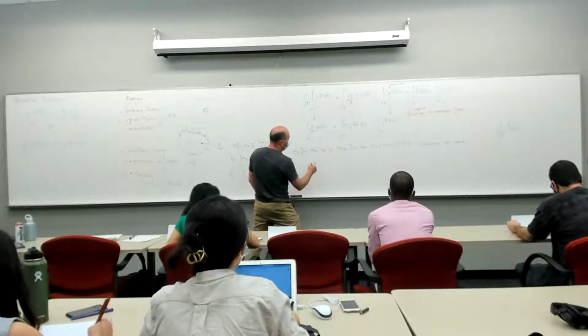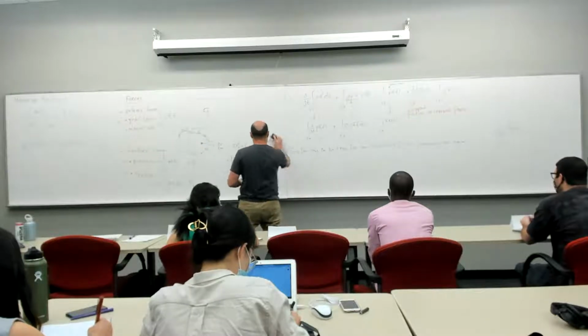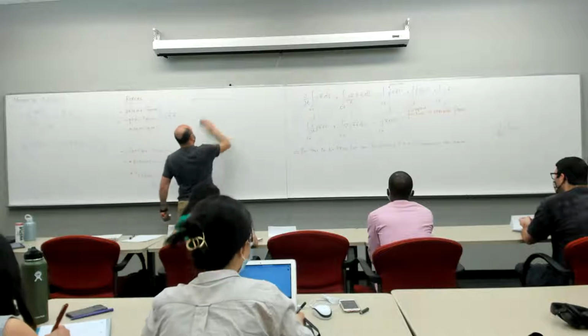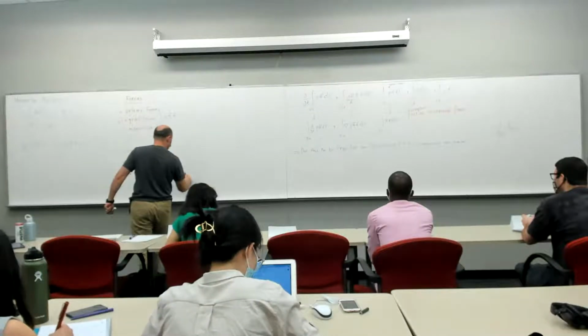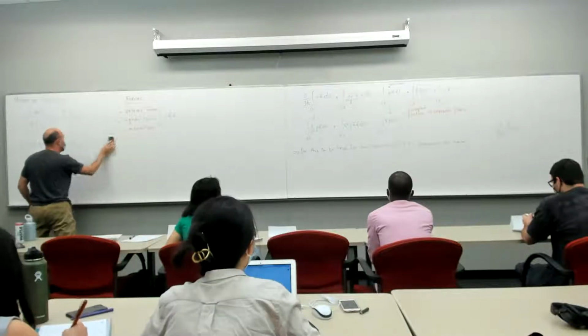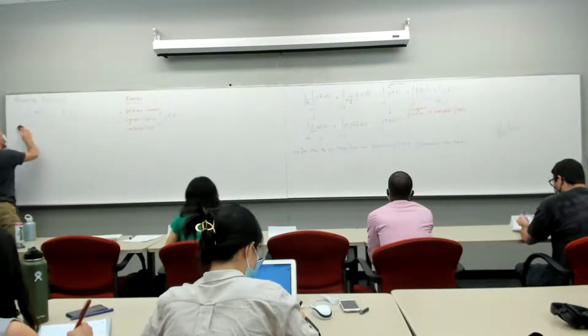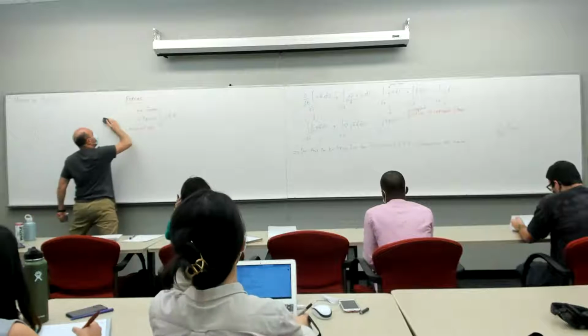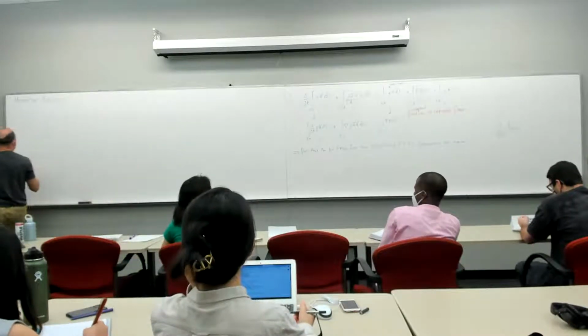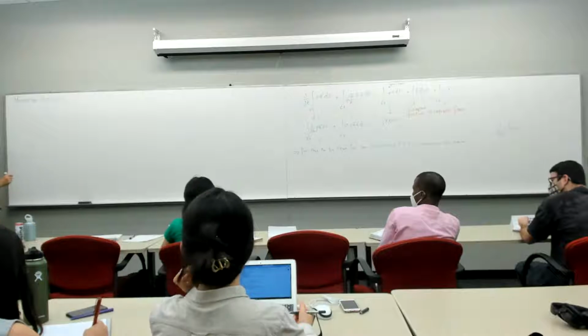So when you do this, I'm going to write it over here. You get a different version of the Navier-Stokes equations, which we call the Euler equations. Those are the governing equations of inviscid flow.